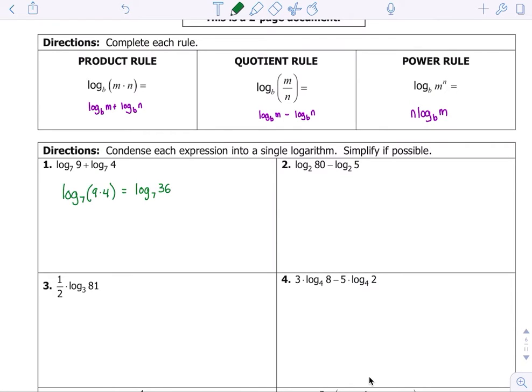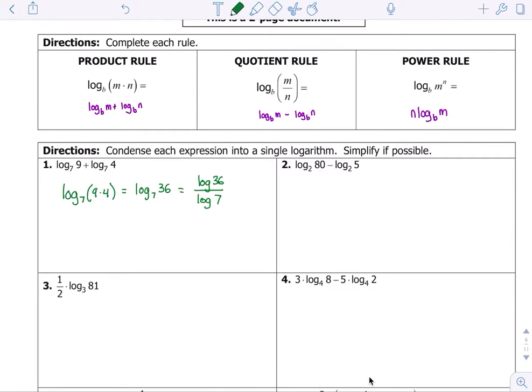And now we can simplify. When you simplify, well, I know that this can't be a base of 7. So we're going to use our change of base formula, which is log of 36 over log of 7.